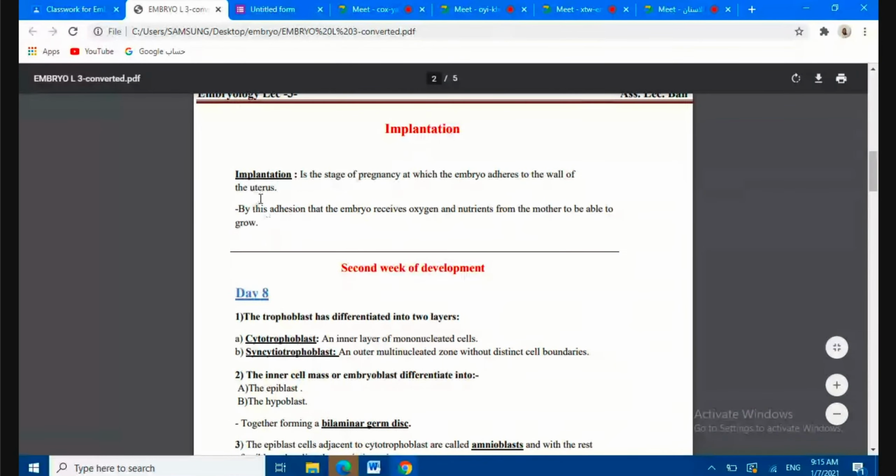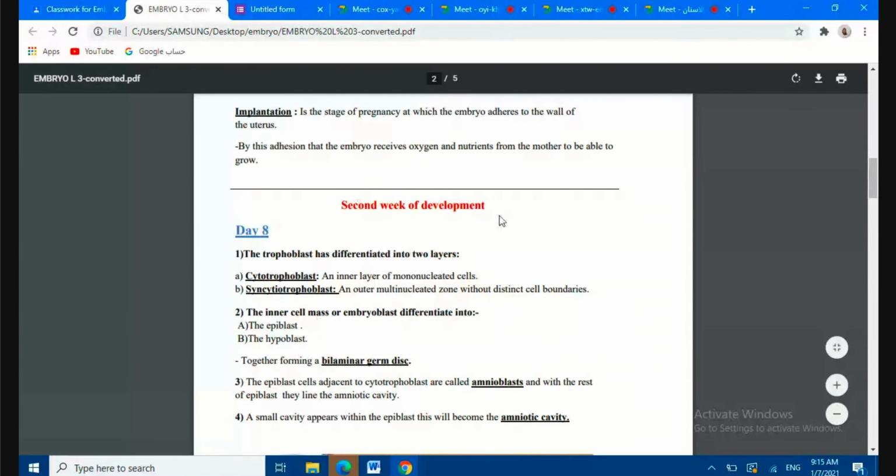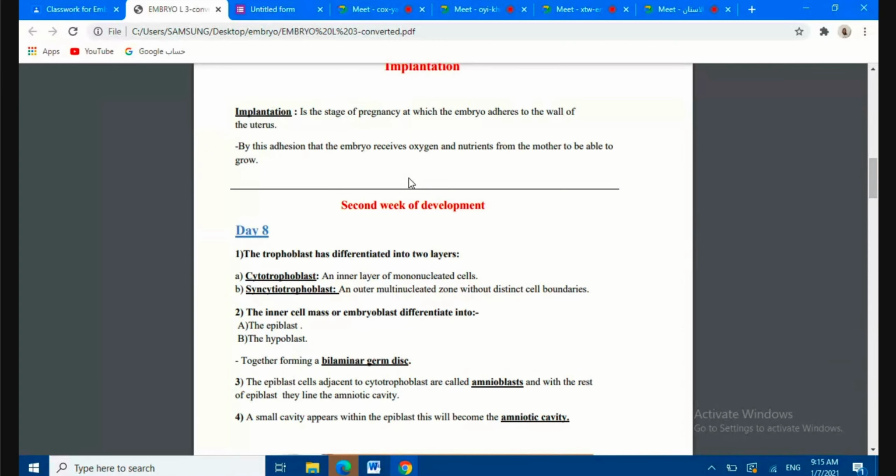Okay, question and answer. So the second week of development is the time whenever the embryos start to divide and develop. After the divisions, we reach the blastocyst, and implantation will happen in this week. In addition, we will take day by day what happened to all the structures of the embryo and what kind of developments happen.